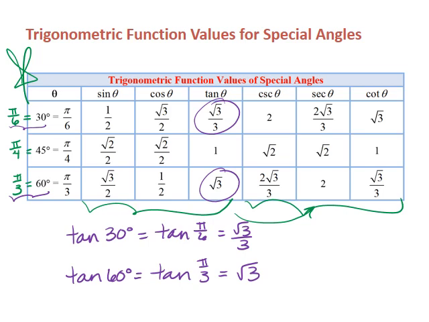Here's how I tell my students to remember it. 60 degrees is a larger angle than 30 degrees. The square root of 3 is a larger number than the square root of 3 divided by 3. So that's how I would recommend memorizing this.